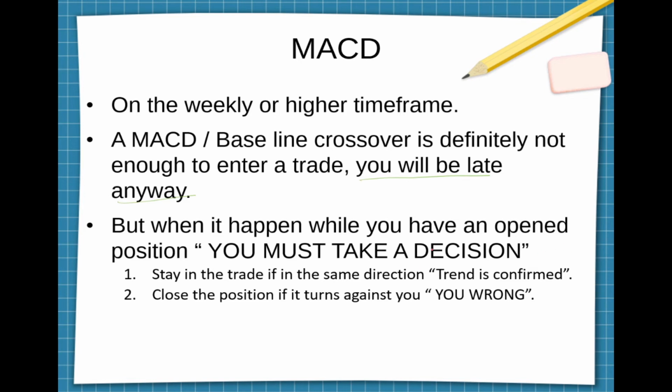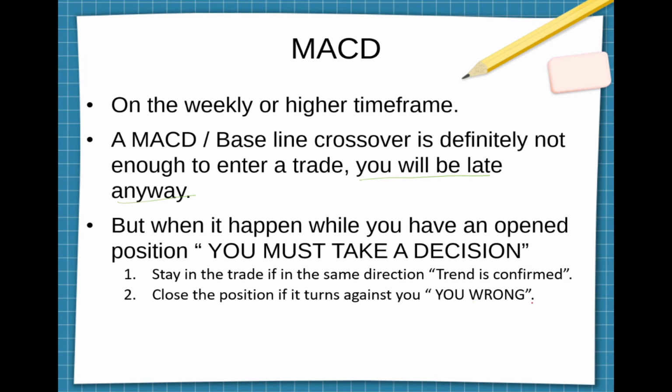Now when it happens while you are in an open trade, you must take a decision. Okay, stay in the trade if it's in the same direction. That's how you confirm. Close the position if it turns against you.